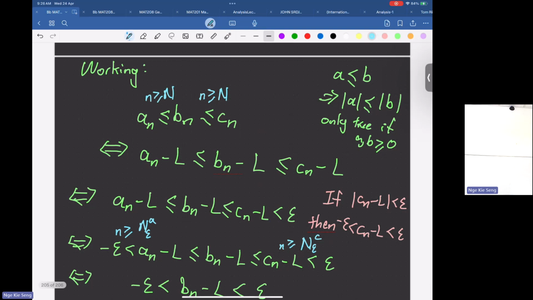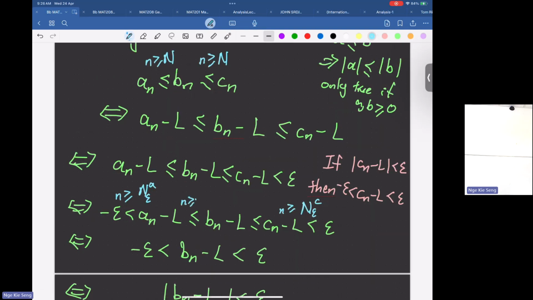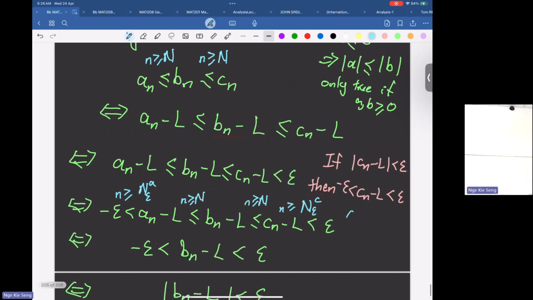How many N are we considering here? Three N. Okay, we have three N to consider here. So how to pick among the three? We need to pick the maximum. So we need to choose our N epsilon to be the maximum of the three.